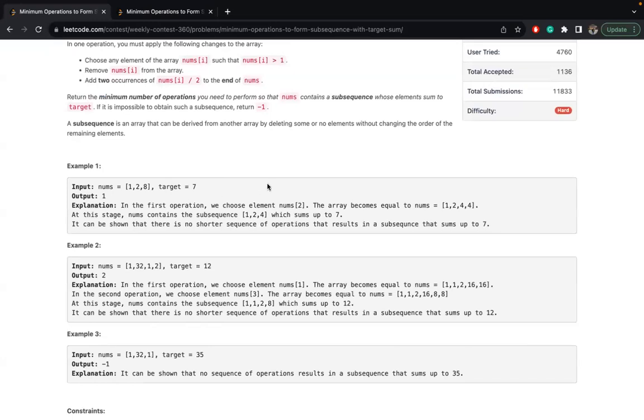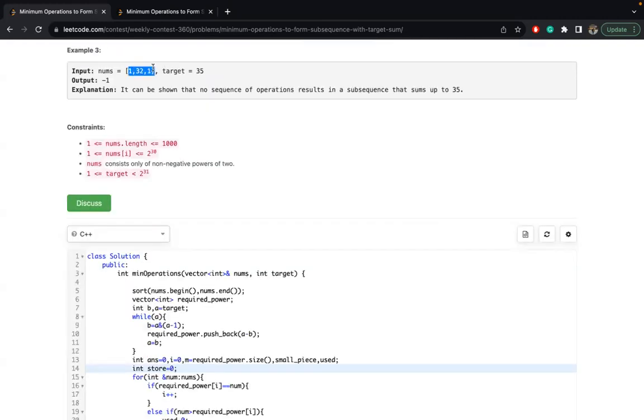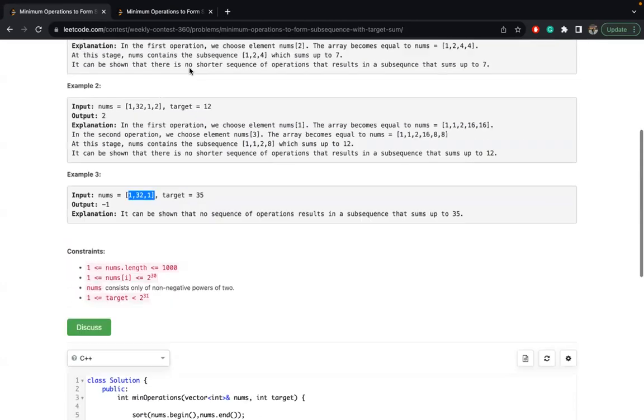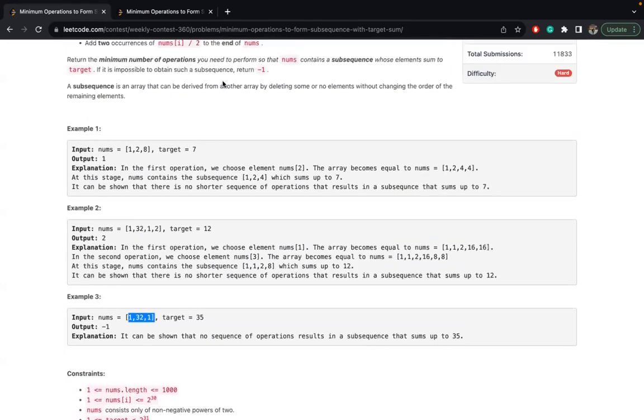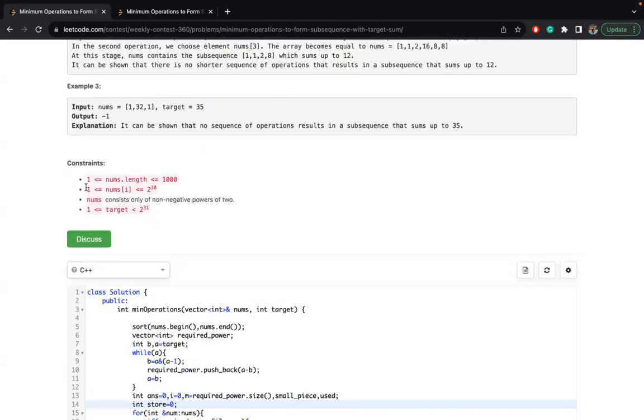No, you can just sum a few elements, either 1, 2, 4 or 1, 2, 4, right? And even if you sum all the numbers, you are not getting 35. So in that case, if you are never getting that target, then you have to return -1.